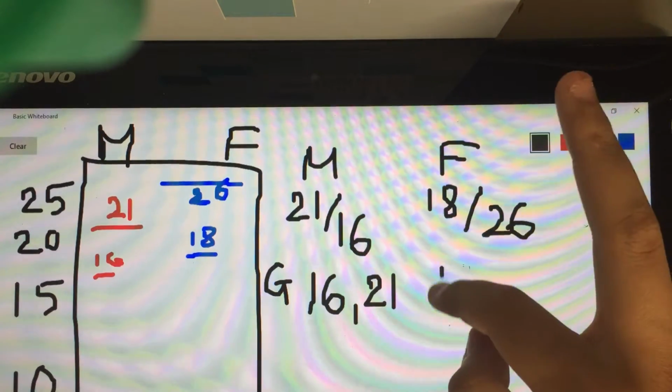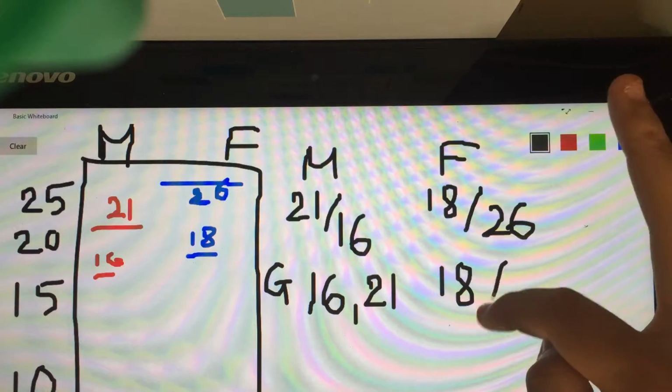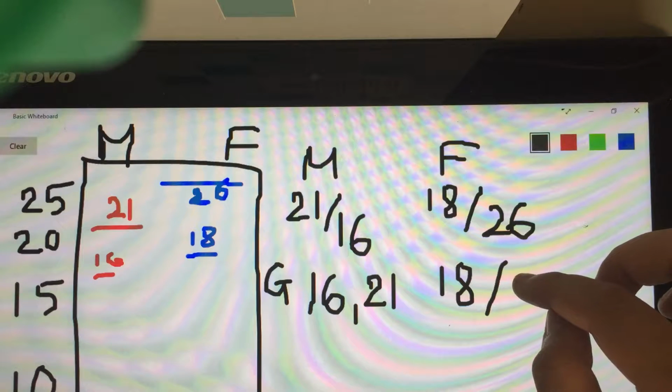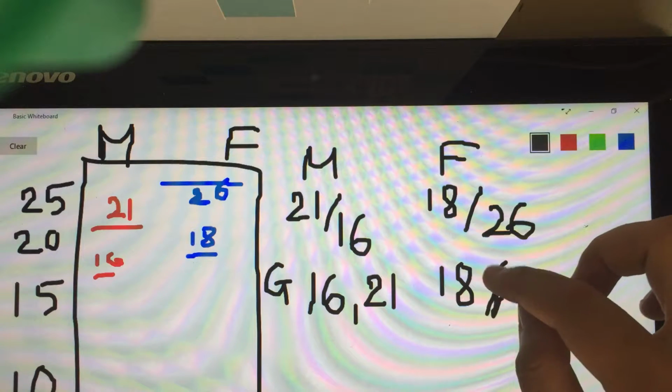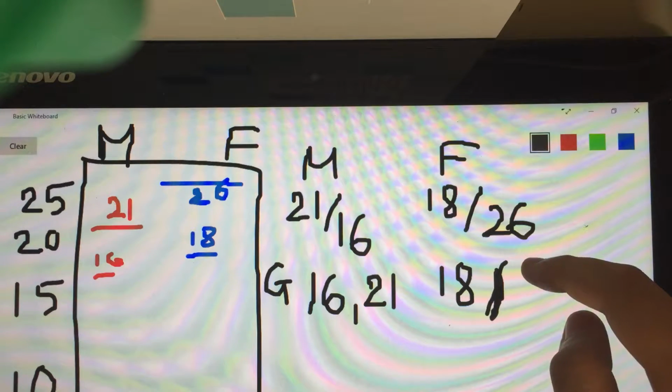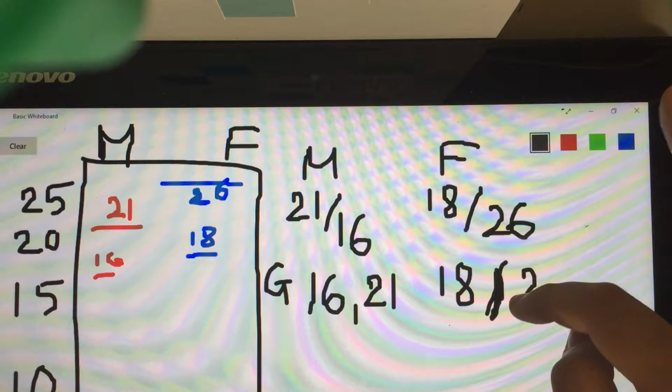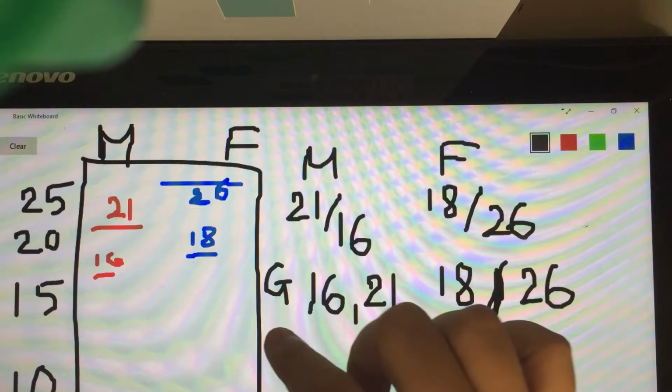And the same thing happens to father. The 18 repeats in one chromosome and the 26 repeats in the other chromosome.